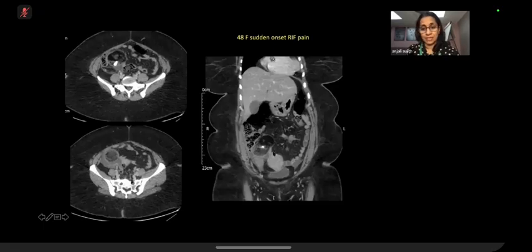Now, the other differentials of right iliac fossa pain will be there in the clinical differential, like appendicitis. In one of the cross-sectional images, we have a normal-looking appendix. So anyway, this was a torsion of dermoid cyst or adnexal torsion. This has been repeatedly asked, so it's important to be familiar with this appearance. Okay, good.